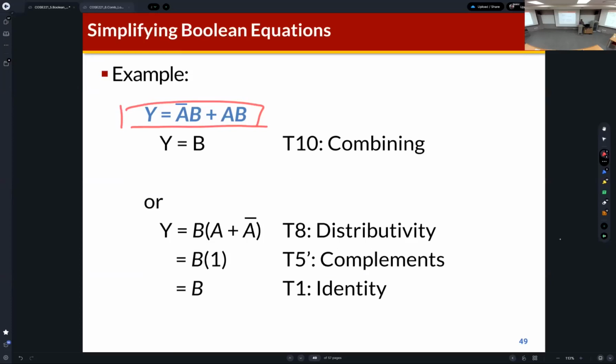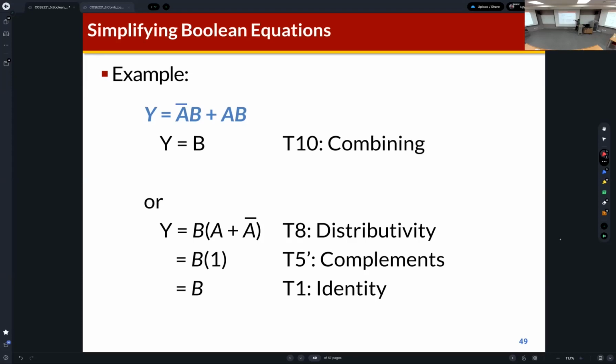Why? You can rewrite this equation as y equals b. Then how can you know? So we can apply some theorems or axioms to simplify Boolean equations. Actually, this is very simple.